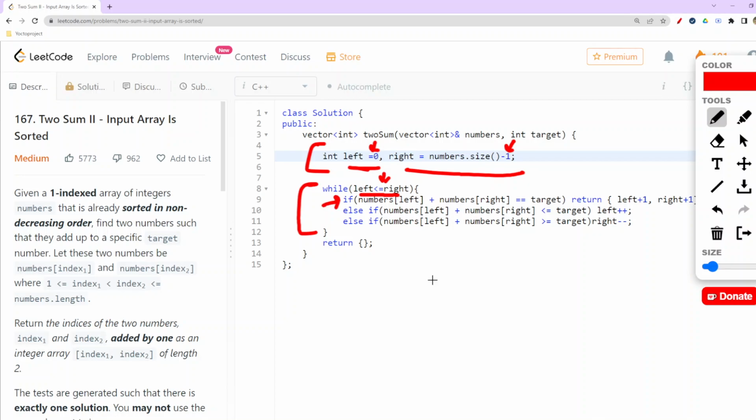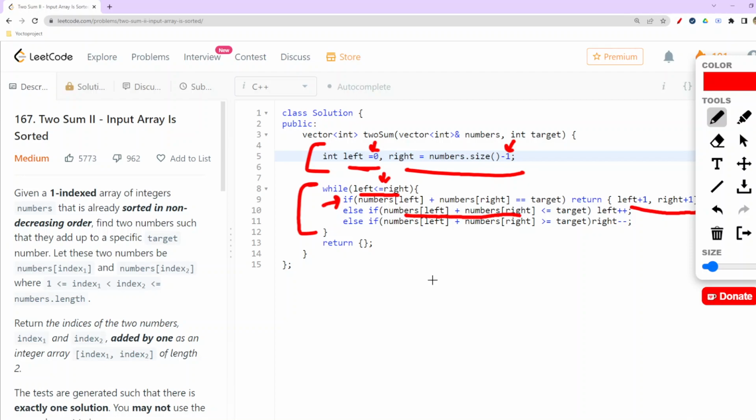If numbers of left plus right equals target, then I return left plus 1, right plus 1, because they have asked us to return in one-indexed array form. But we can't access any array or vector by a one-based index here, so we need to modify our answer by adding 1 to it.